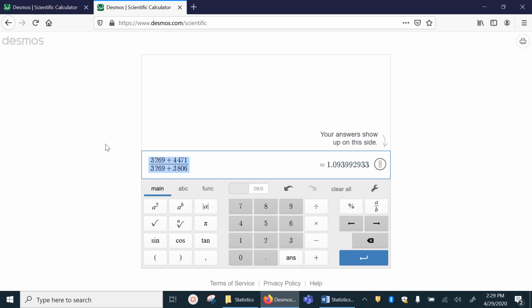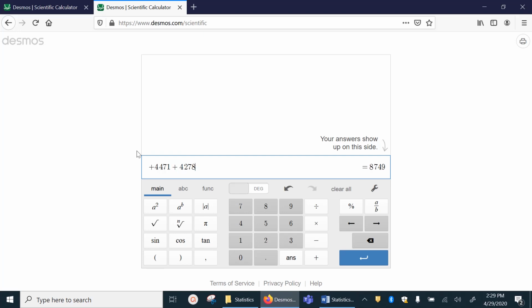Never mind. Sorry, guys. I'm just going to paste it over here. For the women, the total number of women observed was 8749. And for the men, the total number of men observed is 3269 plus 3806, that's 7075.